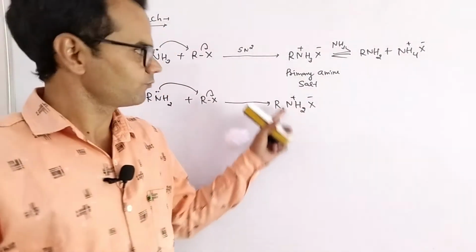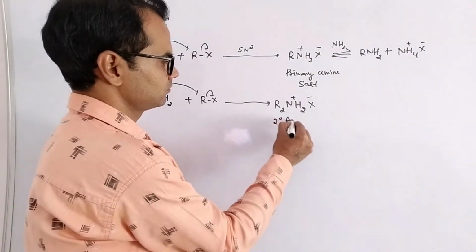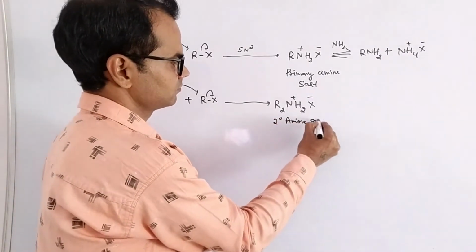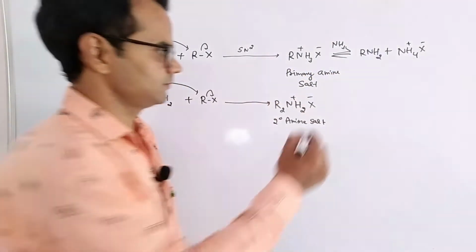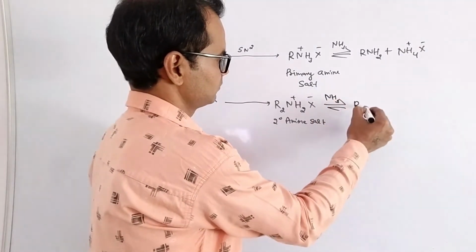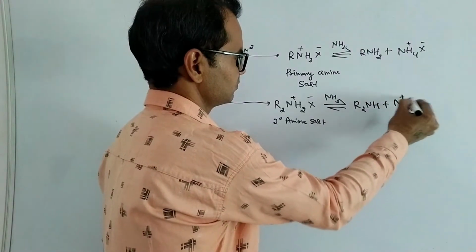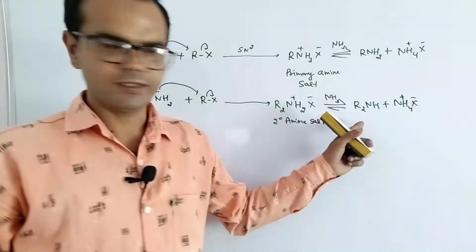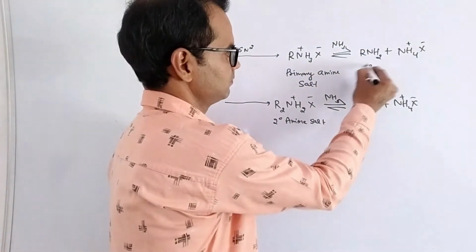So now we have a secondary amine salt. Again, second step is common. It will further react with ammonia. So now we have a secondary amine.